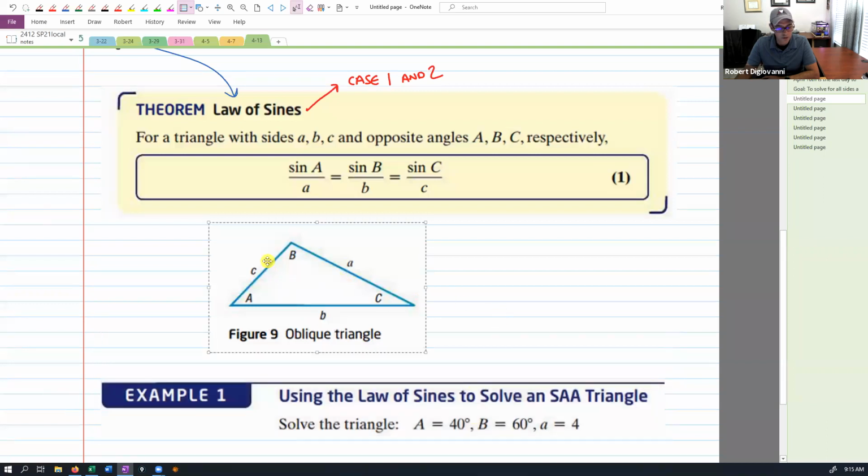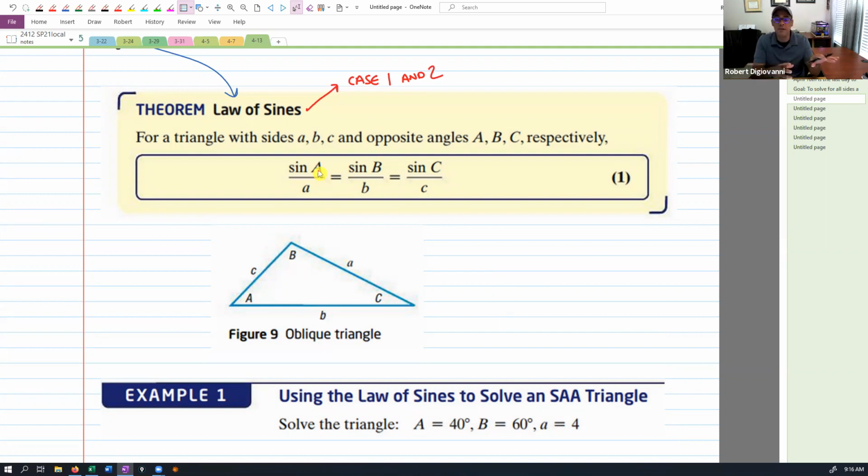So here's what the law of sines is saying. If we have a triangle labeled the way we have it here, then sine of the angle A. Right now you need to completely remove from your head the idea of sine is opposite over hypotenuse, cosine is adjacent over hypotenuse, and tangent is opposite over adjacent.